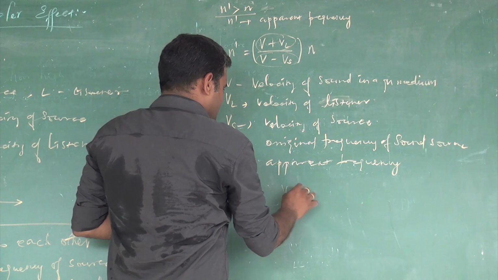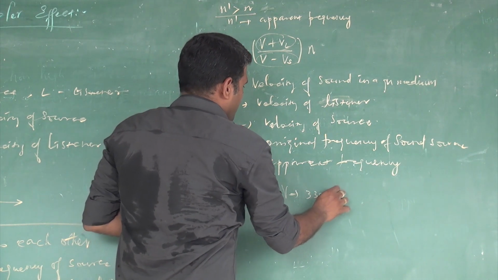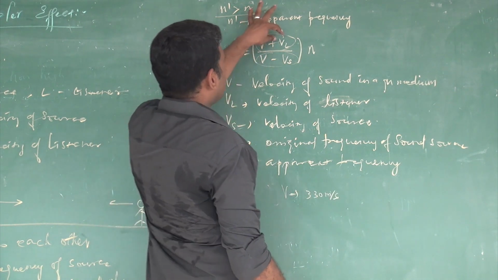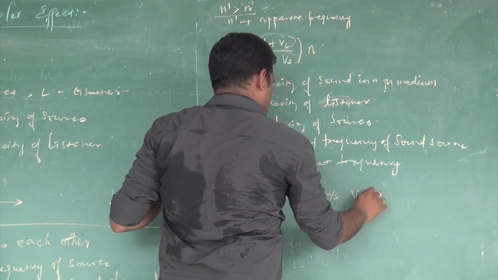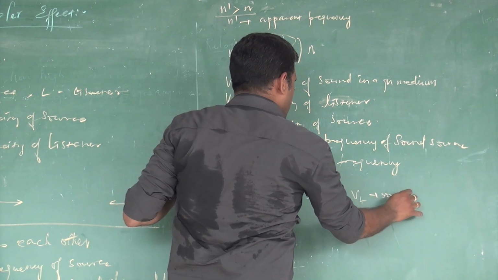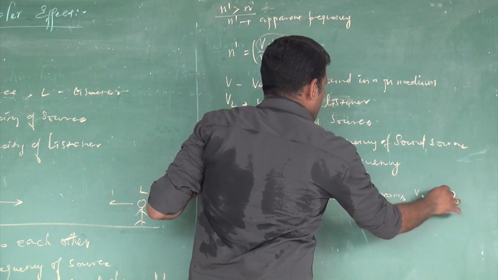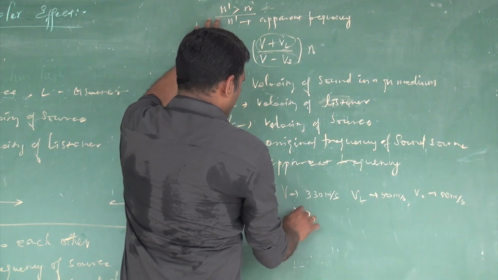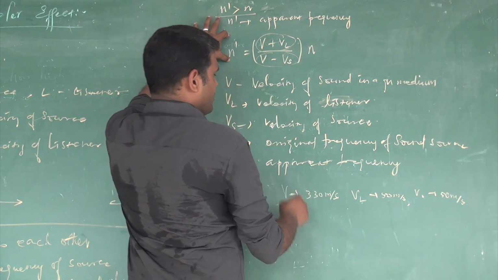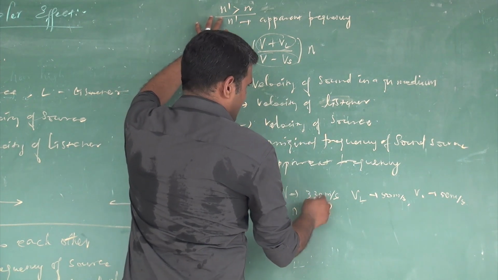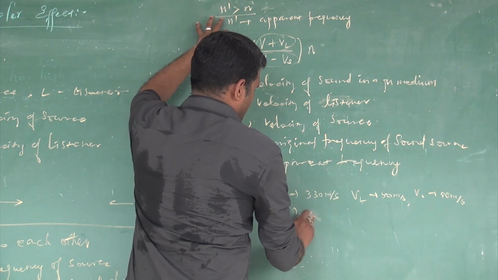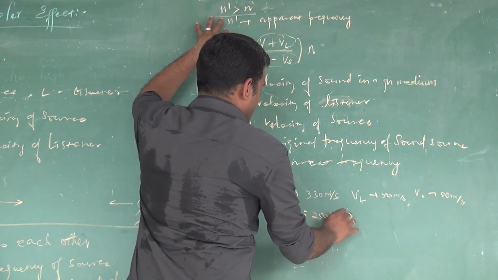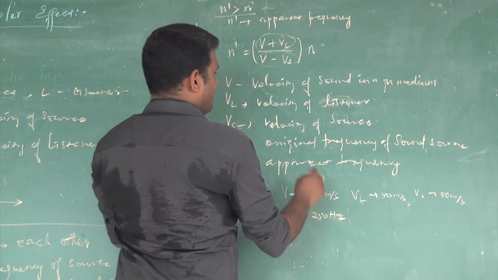If v is supposed to be 330 meter per second, the velocity of the listener is 50 meter per second, the velocity of the source is also 50 meter per second, and the original frequency of the sounding source is, let us say, 250 hertz, then what will happen?